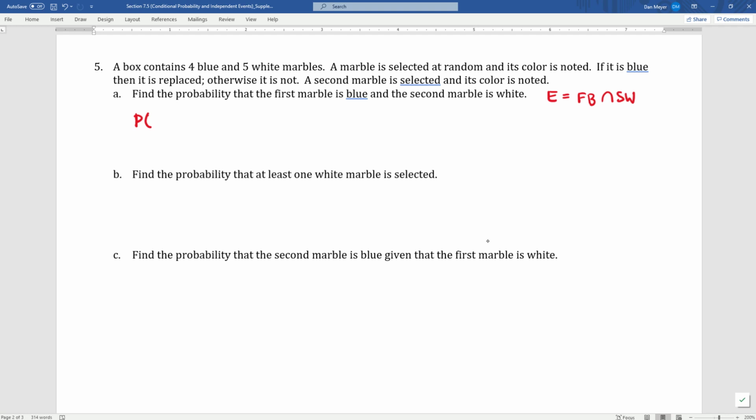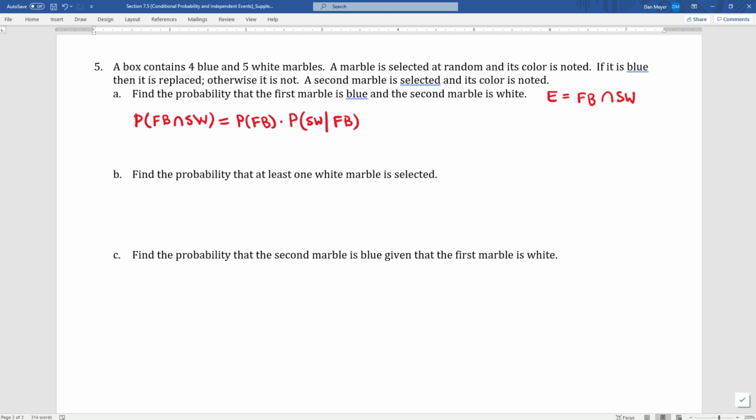When our events are independent, the product rule is a little bit nicer. But when they're not independent, the product rule says that the probability of the first blue and the second white will be the probability that the first is blue times the probability that the second is white given that the first is blue. So that's the product rule.